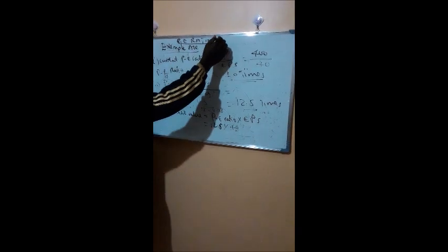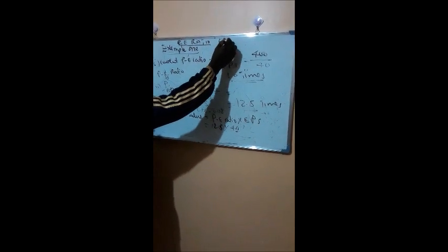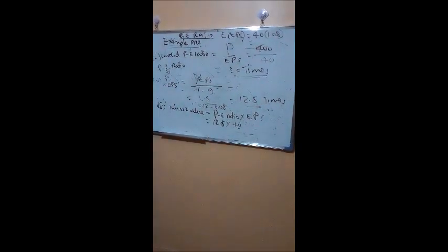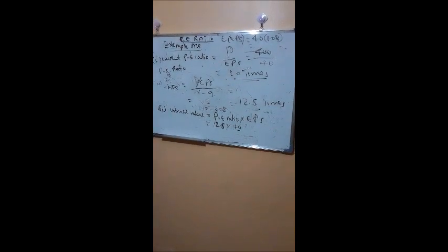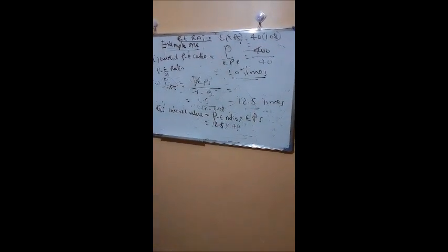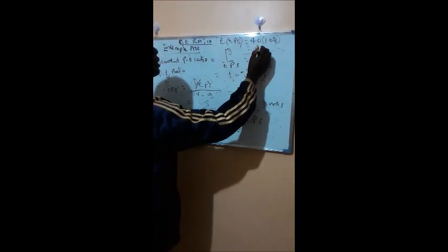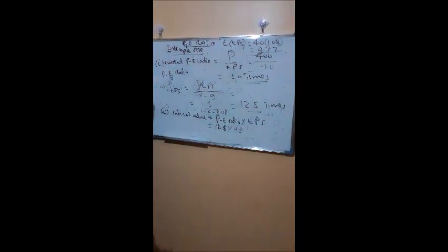Now our expected earnings per share will be equal to 40 multiplied by 1.08. So if you multiply, you will get the expected earnings per share equal to 43.2.